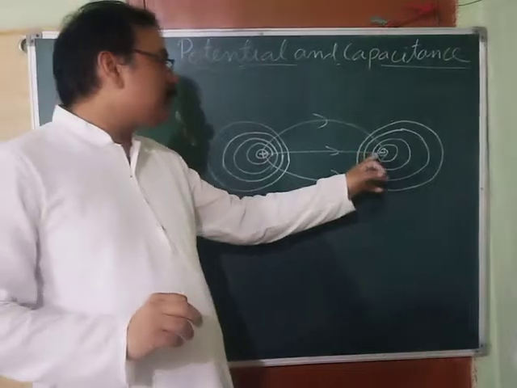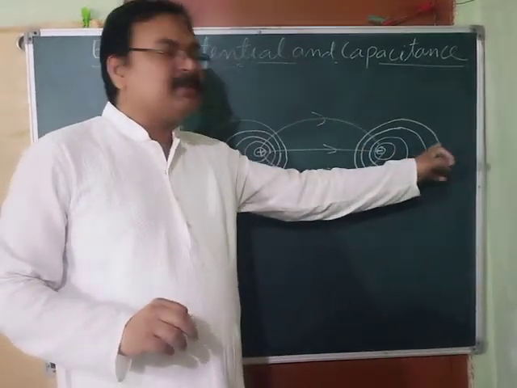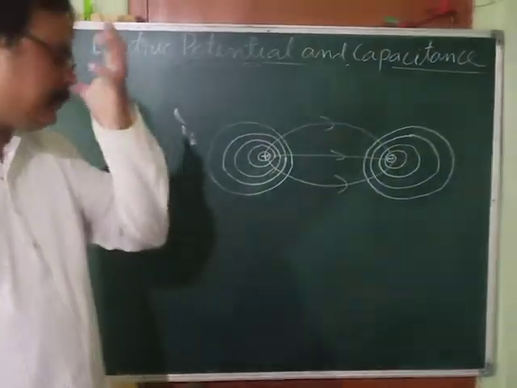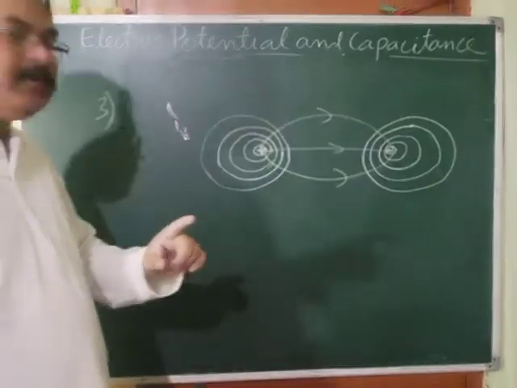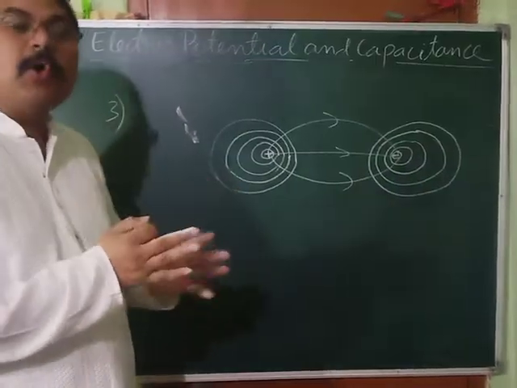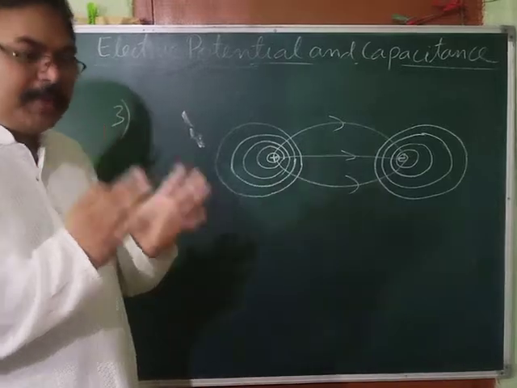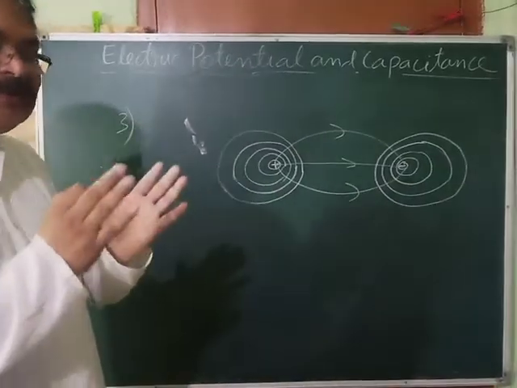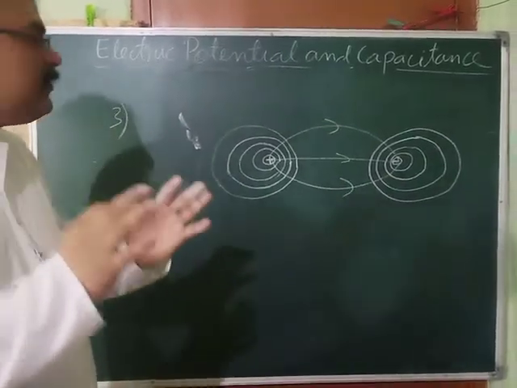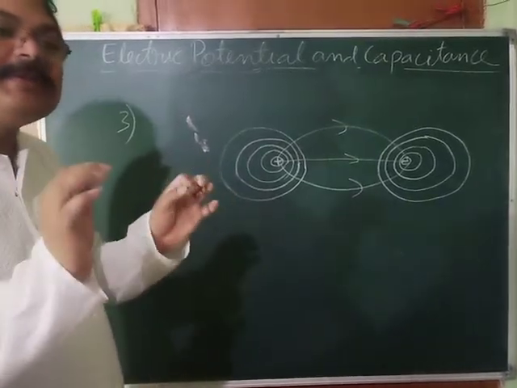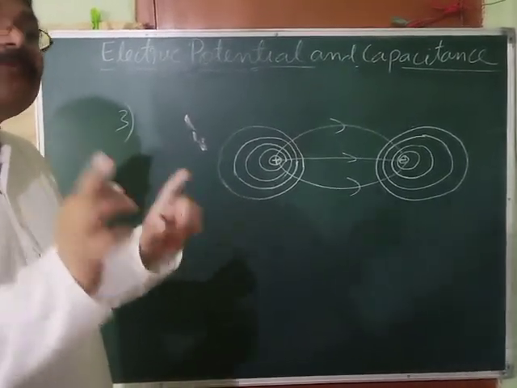The same thing is here also. Why is it like that? Because we know the property that wherever the electric field is strong, the spacing between the equipotential surfaces will be smaller. Less spacing will be there where the electric field is strong.